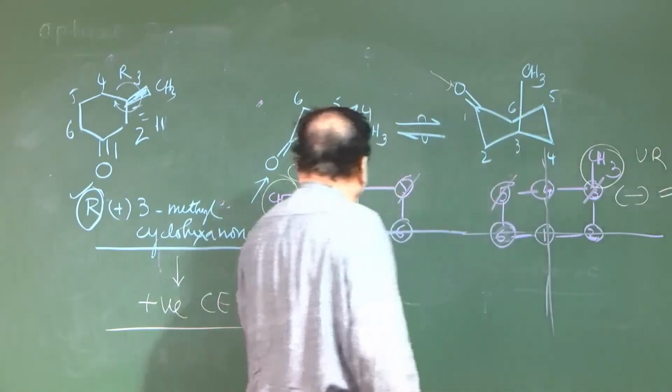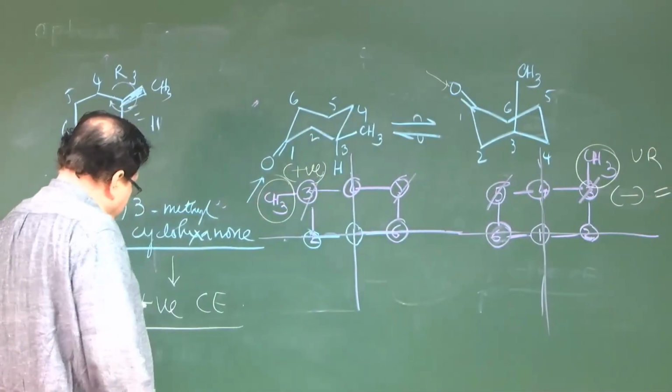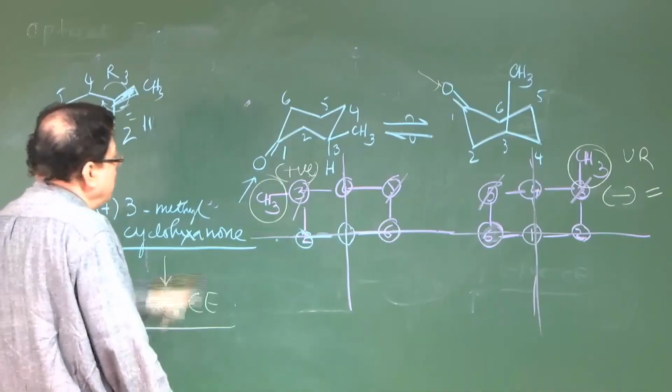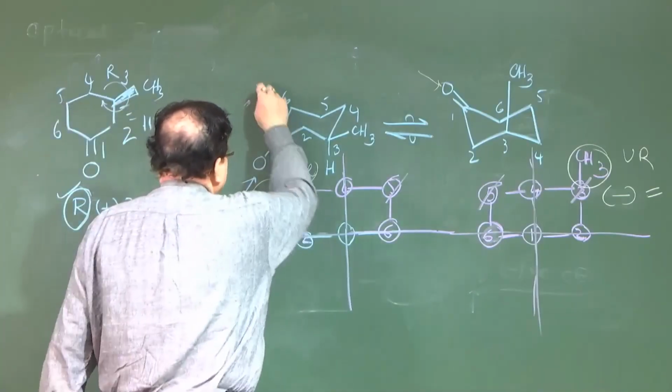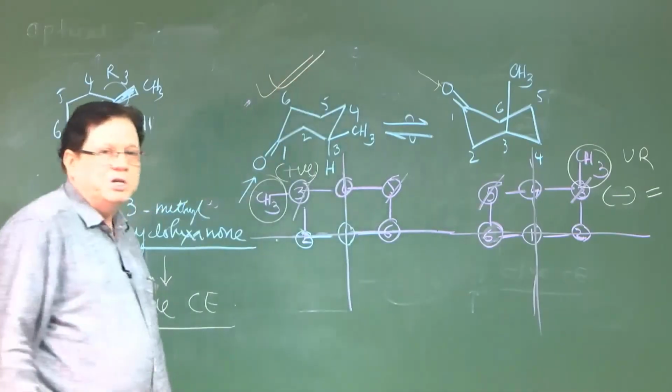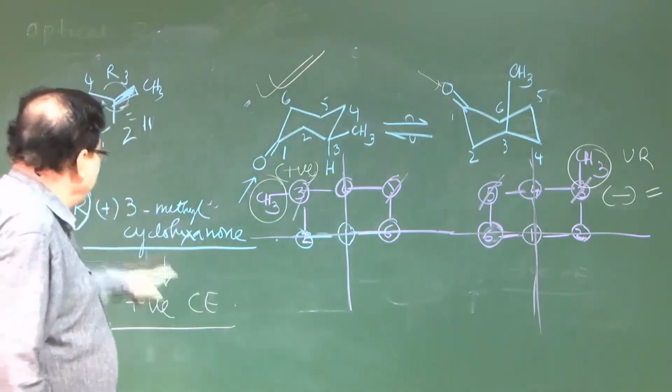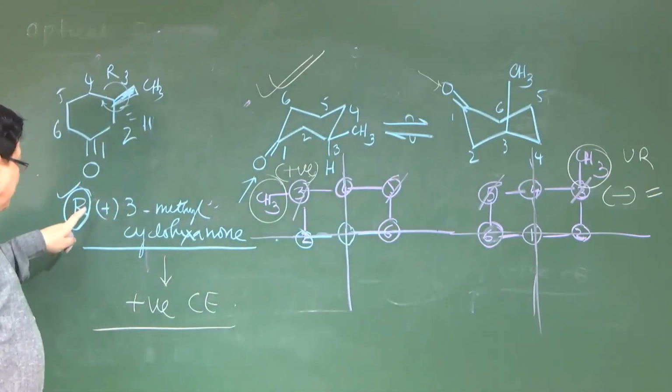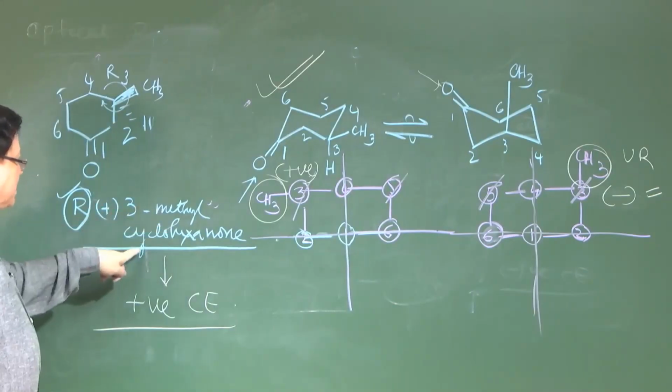So, now it is clear that this is showing a positive Cotton effect. If it is showing a positive Cotton effect, that means this is the preferred conformation of this molecule, namely R-(+)-3-methylcyclohexanone.